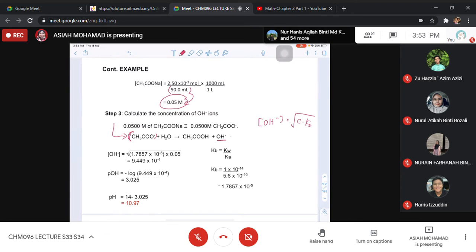Kb is, find the Kb value for the acetate ion by using the Ka value of acetic acid. After you get the OH minus concentration, calculate pOH, negative log of OH minus concentration, and then you can calculate pH. Is there any question regarding this?